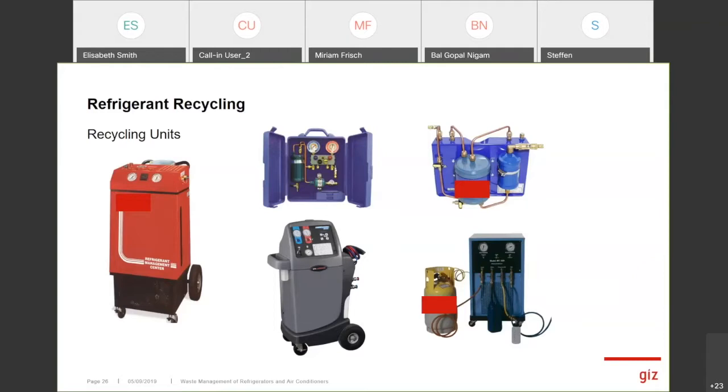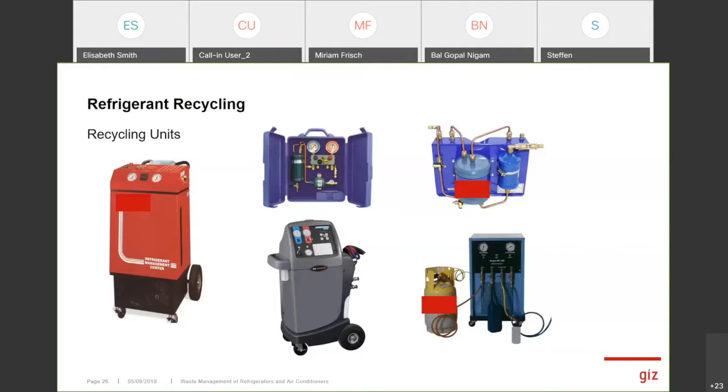The same equipment on the top on the right side is used for recovery unit connection as well. It's an oil separator, the filter dryer, and the strainer, and the red big one on the left, and the boxes on the bottom row. These are recycling units.